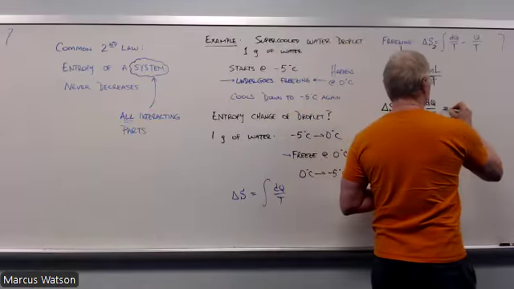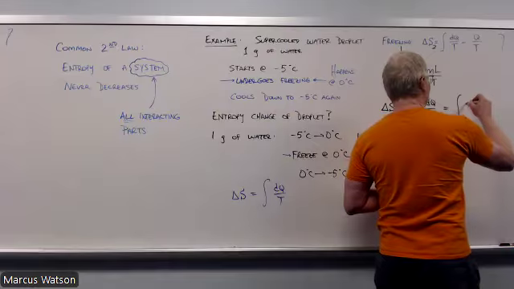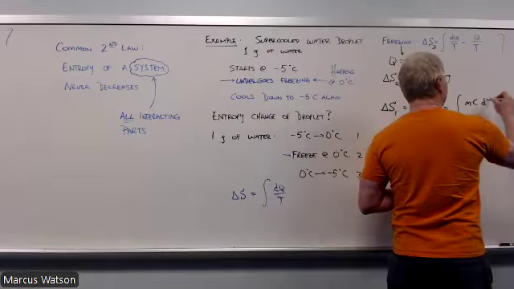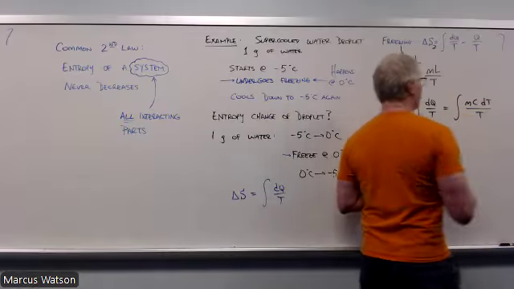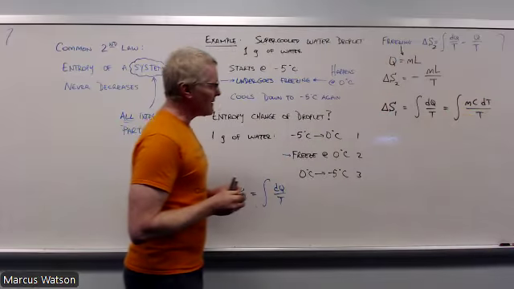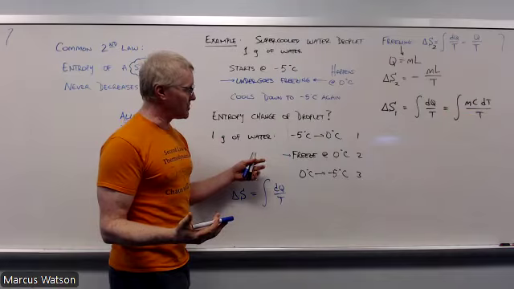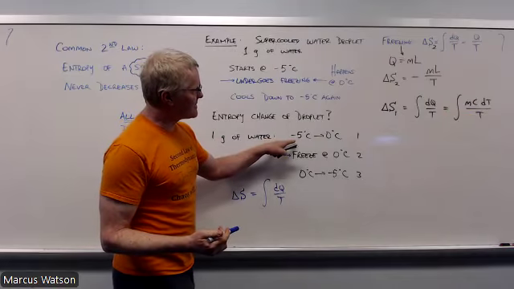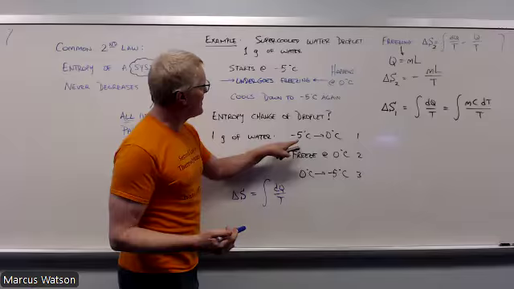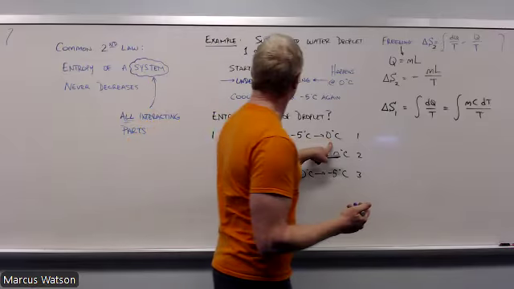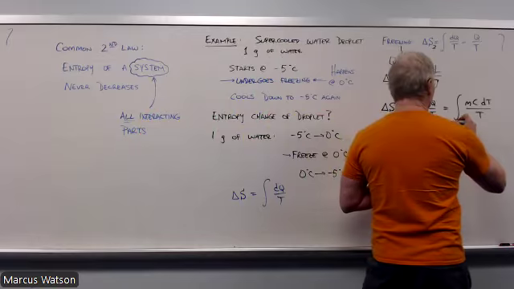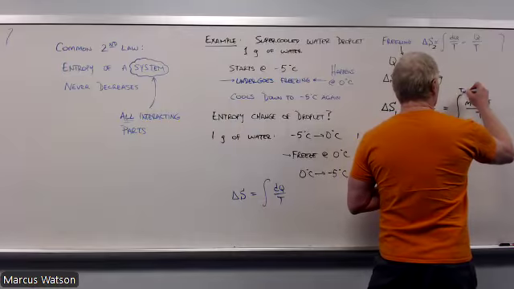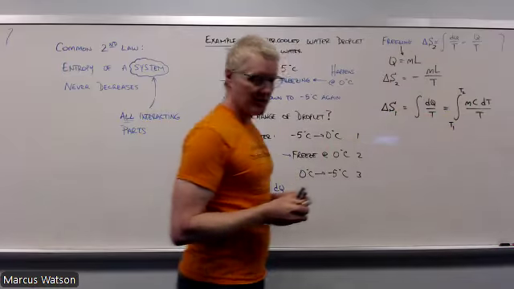Much in the same way as I just did with the ideal gas. This, therefore, is going to turn into an mc dT over T. And it turns into a temperature integration where we started at -5 and we're going to 0. Call that T1 and T2 or something like that.